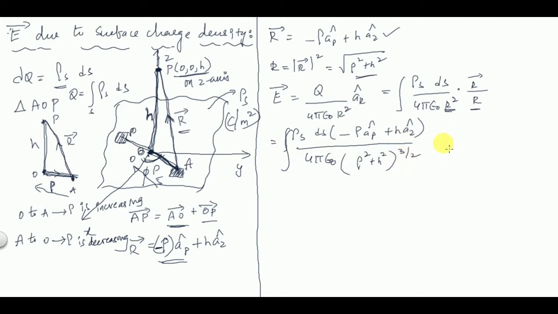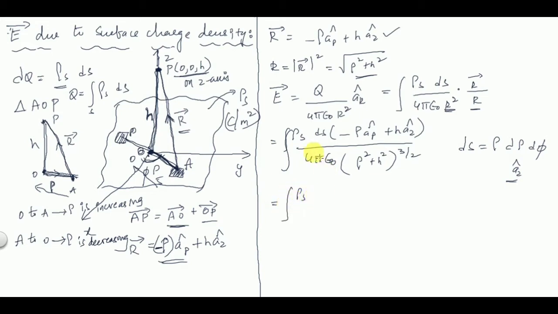Okay, so here if you observe, this is the main point, please listen carefully. What is dS here? dS is along the Z axis, so dS is rho d rho d phi a_Z cap. In the direction of Z we require, so dS is equal to rho d rho d phi a_Z cap. So I am substituting that here.